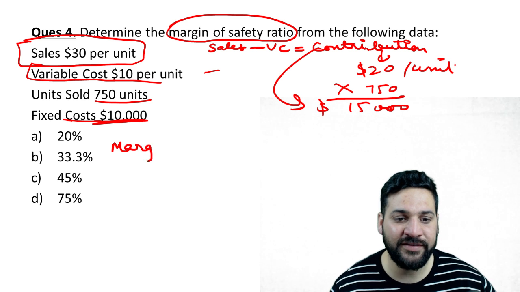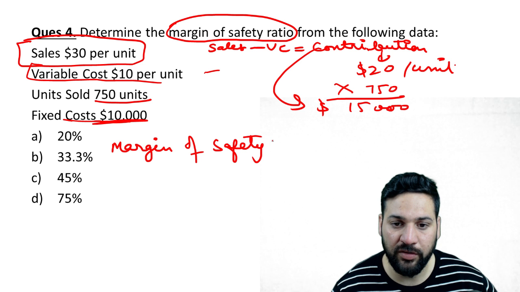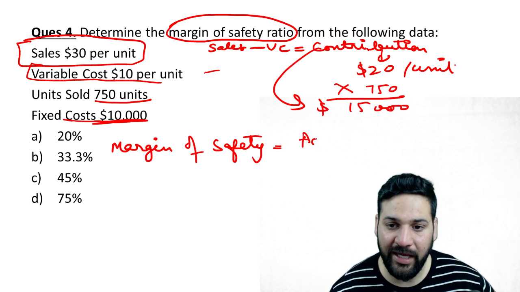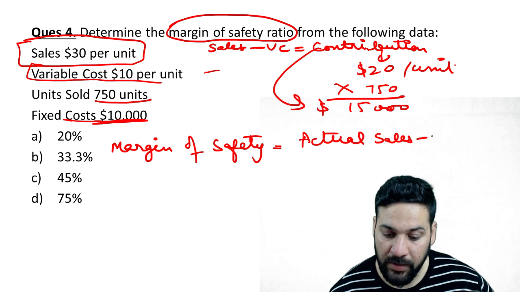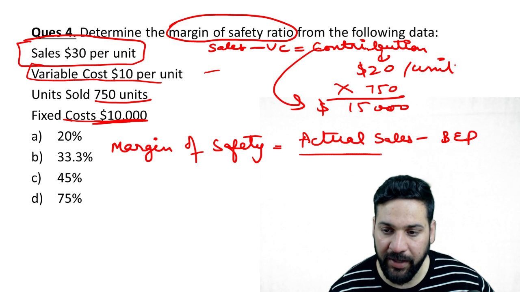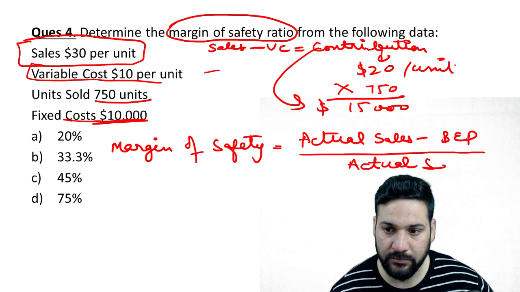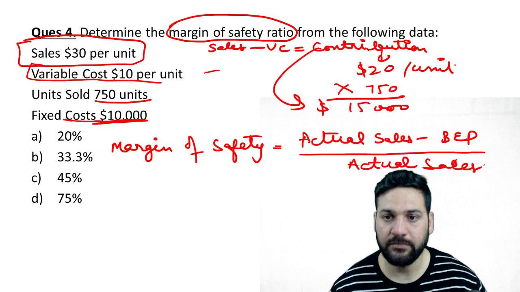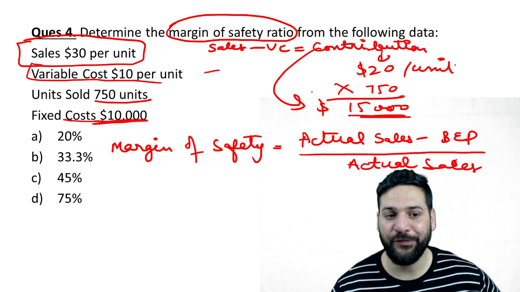So the margin of safety ratio, the simple formula is actual sales minus break-even point, divided by actual sales. See, contribution is 15,000.